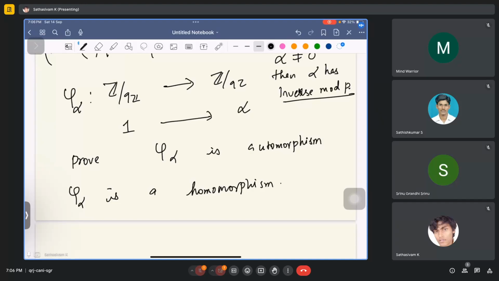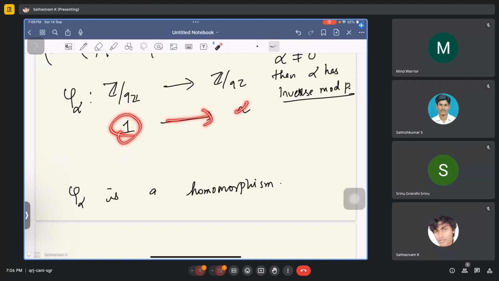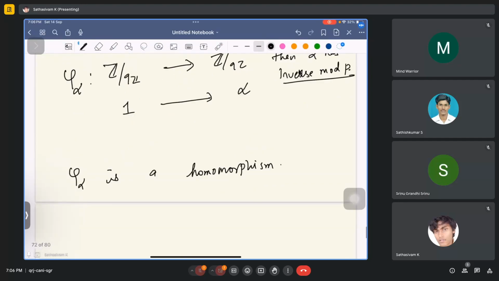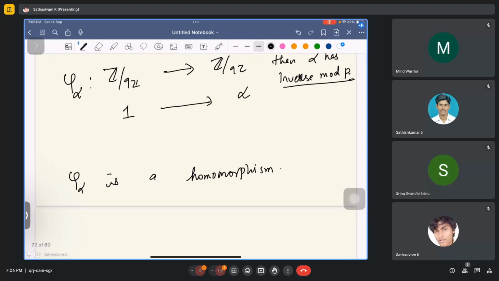That is clear because this is a generator and I'm mapping it to some generator. Now I need to prove this is an automorphism, so basically I have to prove it's bijective. Instead of proving it's bijective, I will just give you an inverse function.